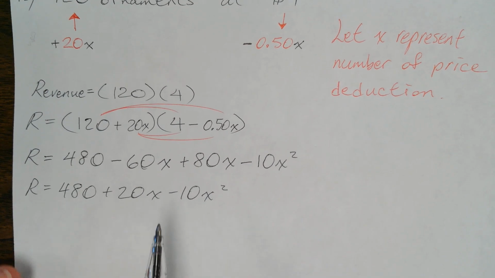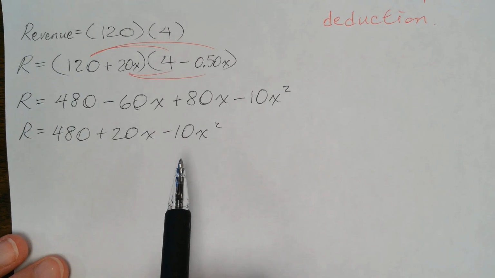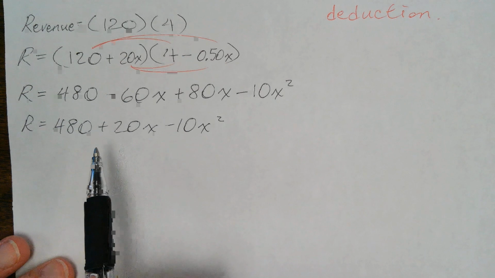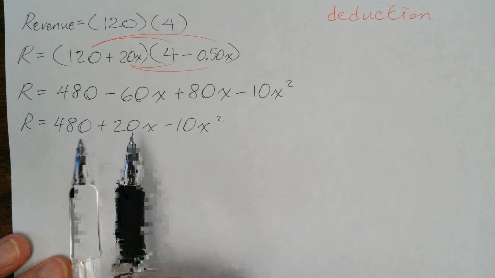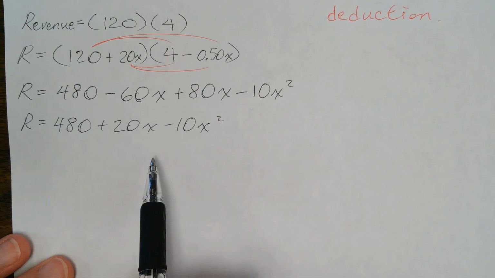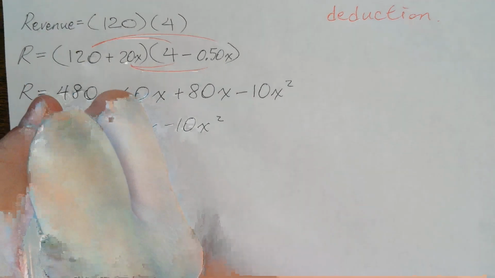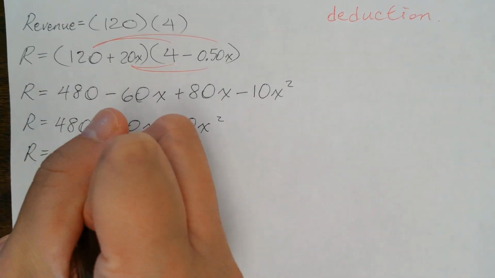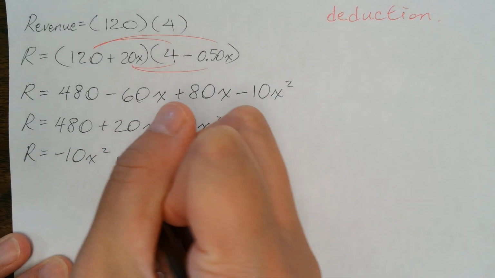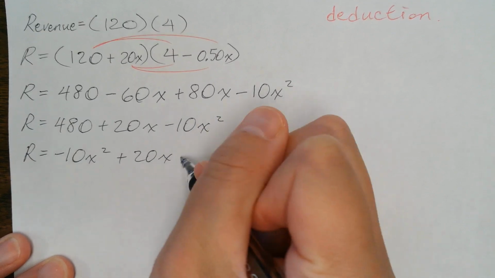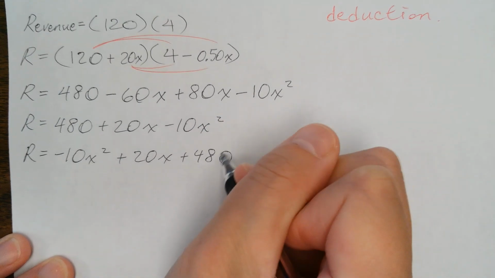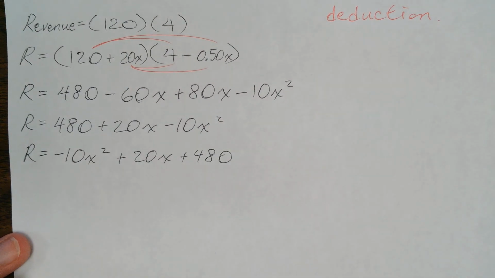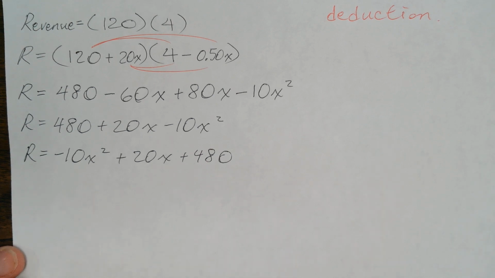Right, is this standard form? No. Remember, x squared term, and then constant. So rearrange it: negative 10x squared plus 20x plus 480. Okay. Now we can complete the square.